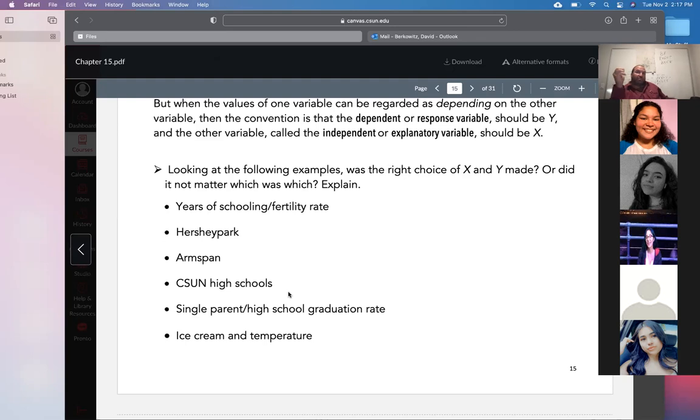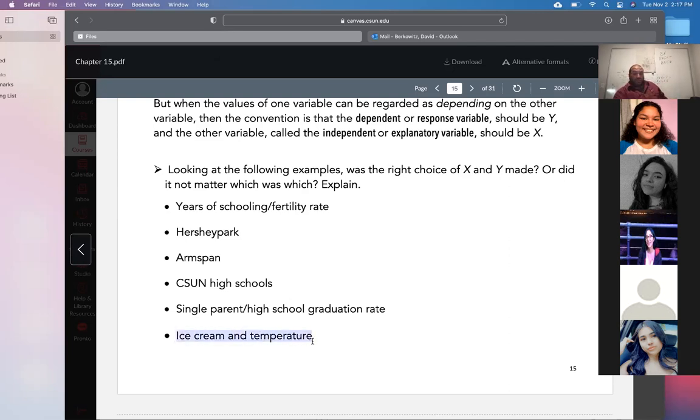Right? Being a single parent, I think you're more likely to ask, how likely is it to graduate? How long will it take to graduate? Versus how long it takes to graduate, saying, oh, are you likely to be a parent? Right? I think a single parent certainly should be the x-axis.